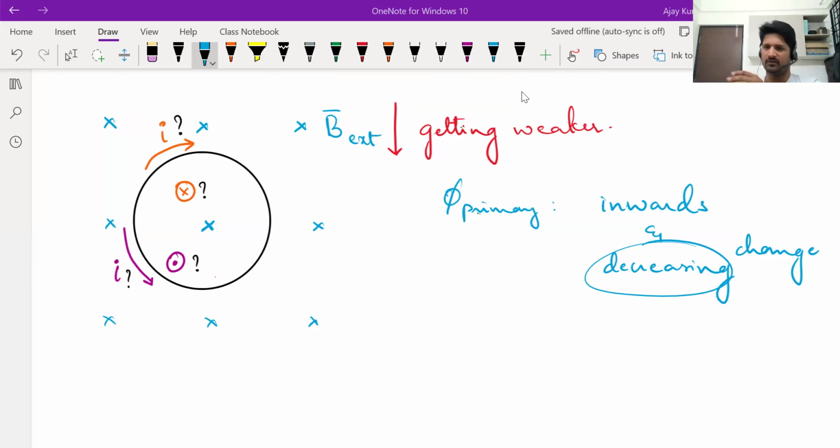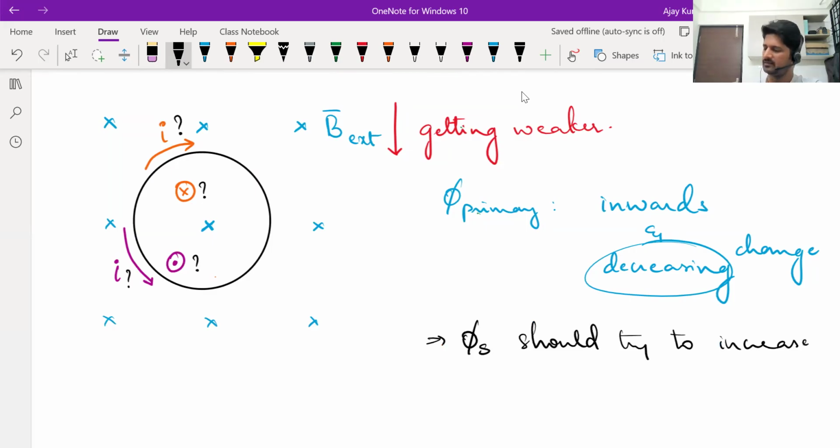Opposing a decrease means you have to try to increase it, correct? Okay, so that's the main thing here. So the secondary flux should try to increase the primary flux. Now the flux is inwards, primary flux is inwards. Inwards it is decreasing. So the secondary flux should be inwards and increasing. That's all.